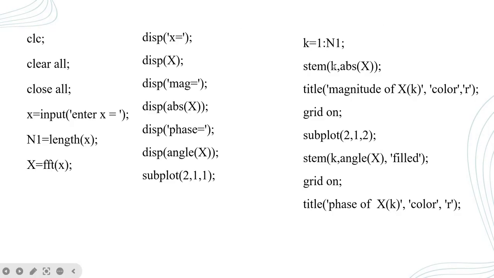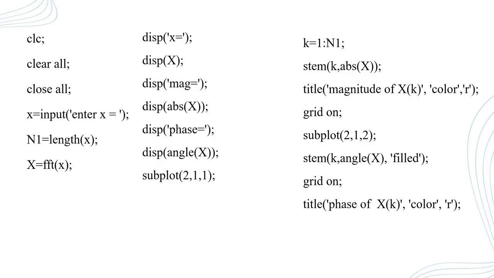Then we have stem k comma absolute of X. This subplot 2 comma 1 comma 1 creates a subplot with 2 rows, 1 column, and selects the first plot. Then stem k comma absolute of X will plot the magnitude using a stem plot.